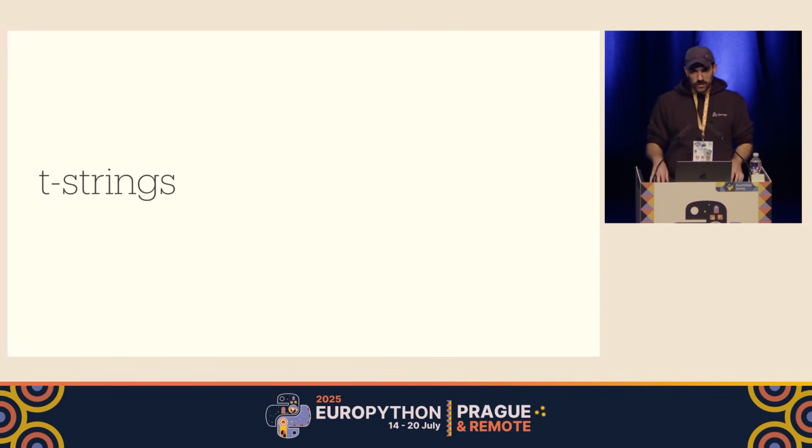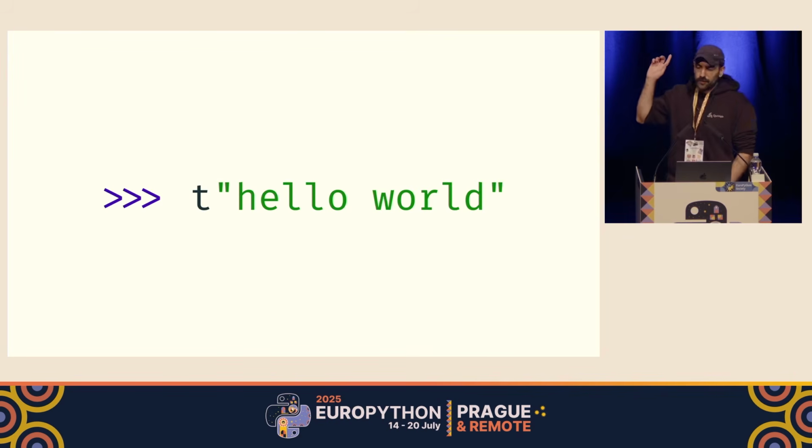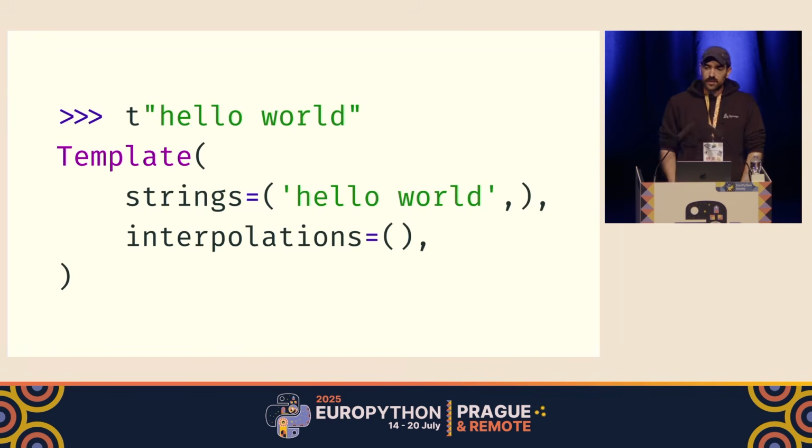I'm going to go through what a T-string is very, very quickly. That's not what this talk is about. But if you want to talk more about T-strings, come find me after, and we can chat about them. T-strings are this string-looking thing that starts with a T prefix that's not really a string. T-strings are actually another type, a template type, which gives you access to the static parts of the string, or what would be an f-string, and the interpolation parts of the string.